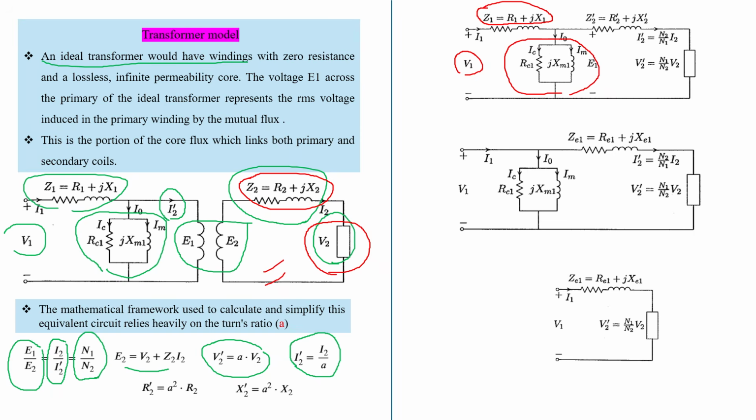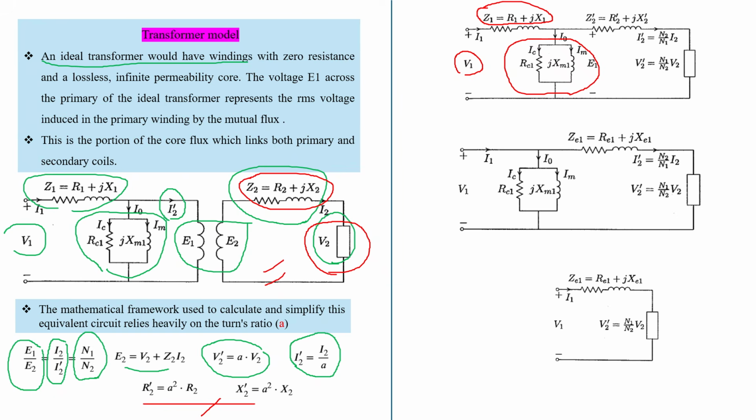Now we'll convert the secondary winding impedance to the primary side by multiplying by this equation. You see this underlined equation is used as the transformation ratio. So we have the referred secondary winding, which is Z2 prime here.